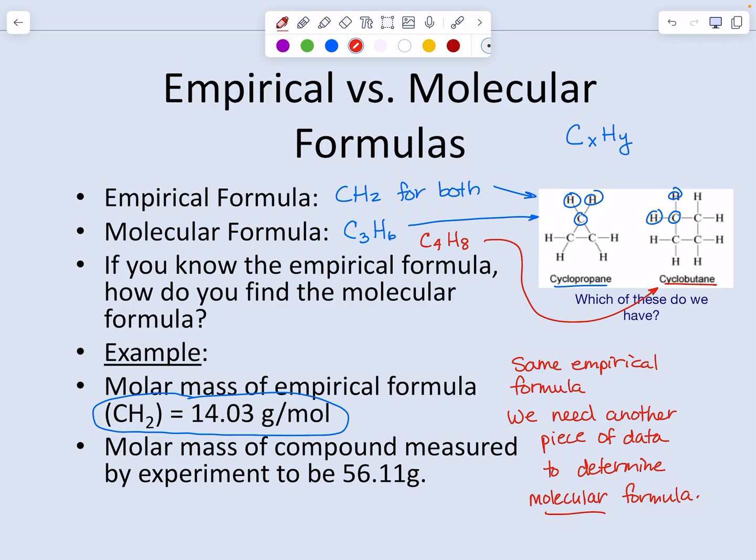That other piece of information is the molar mass of the compound.